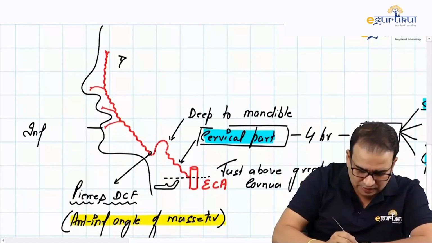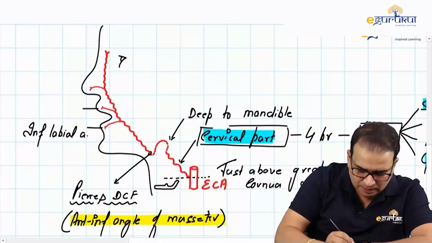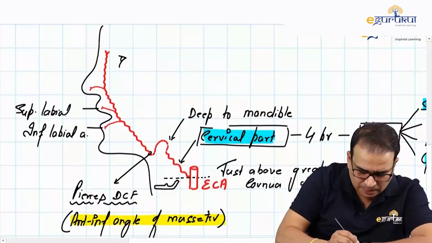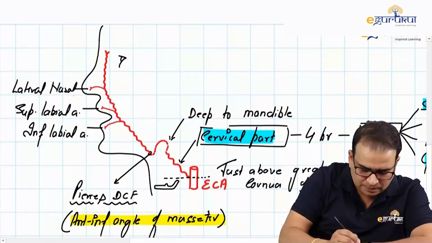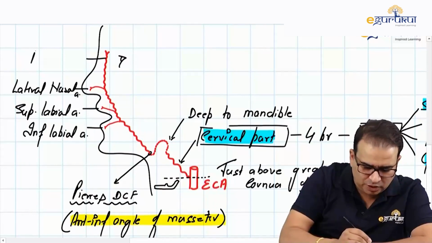So this here is the inferior labial. We have the superior labial artery. That is the lateral nasal. And here we have the angular artery.